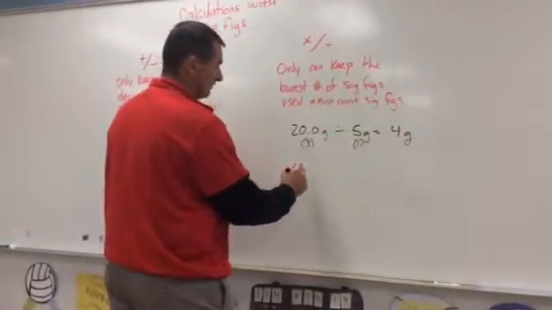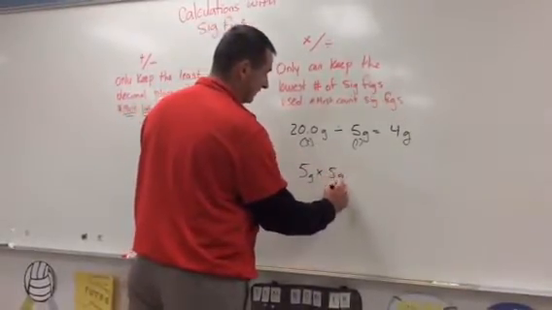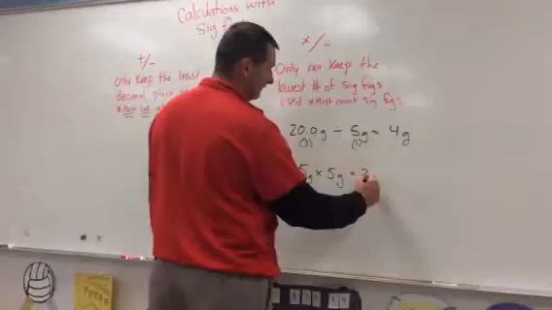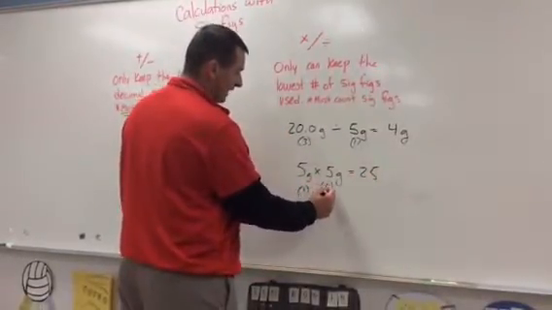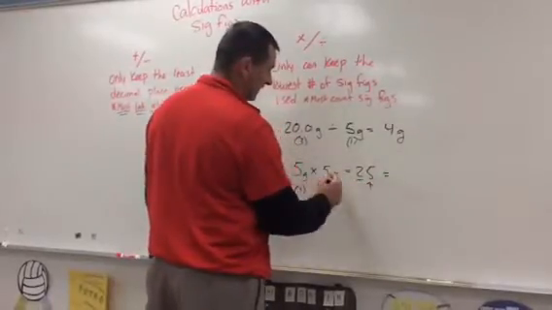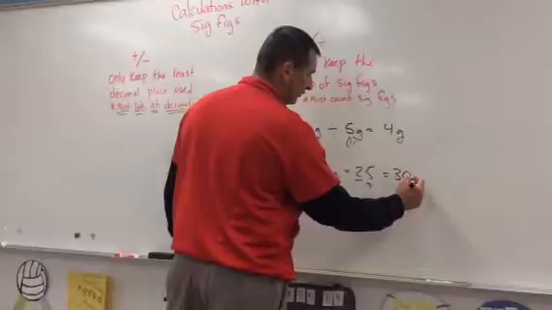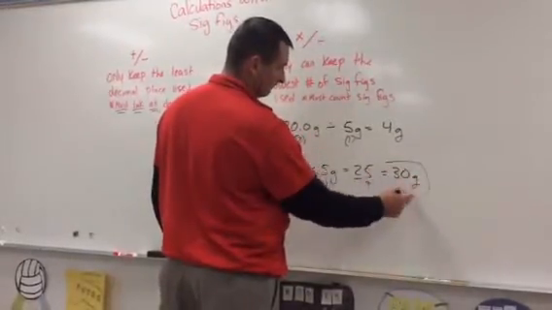And that's why this number always blows people away. If you have 5 grams times 5 grams, you would think it's 25, but how many sig figs can I keep? That has 1, that has 1, so I can only keep 1. That's my rounding digit. So 5 times 5 is actually 30 grams, and that is only 1 significant figure because there's no decimal point.